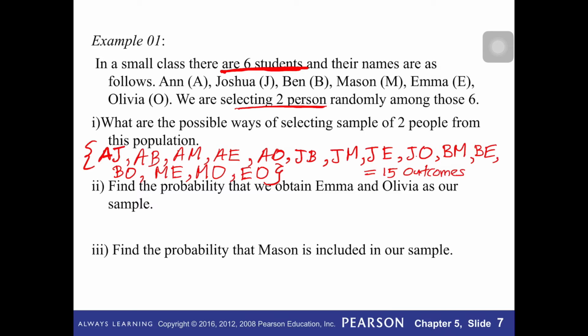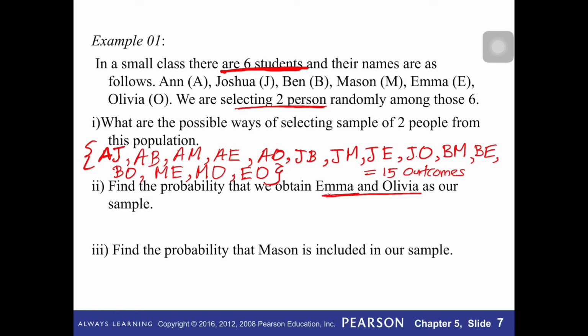Find the probability that we obtain Emma and Olivia as our sample. So within our all possible outcomes, Emma and Olivia should be there. So definitely Emma and Olivia should appear.